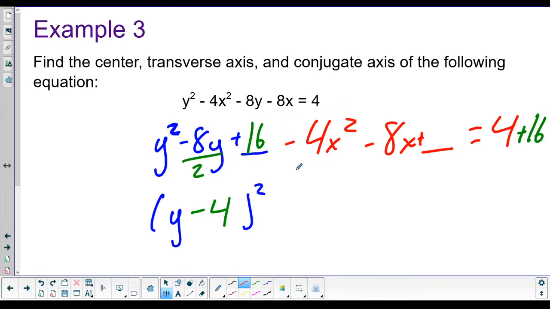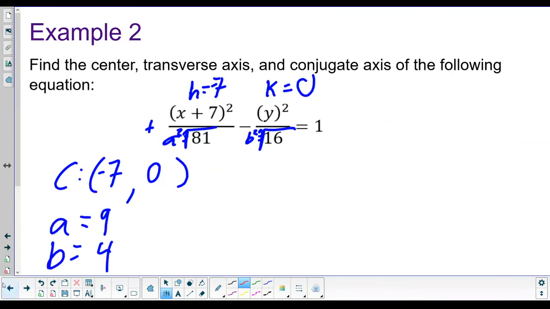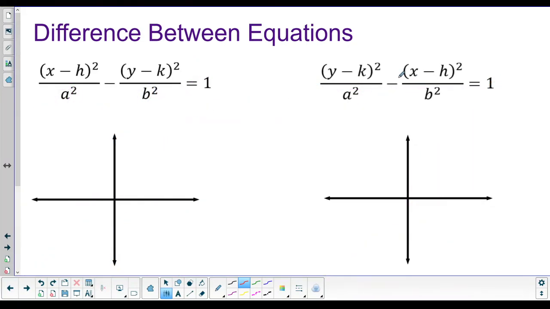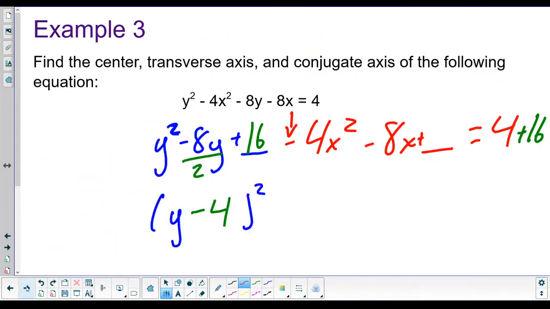We also need to make sure, because this is negative, that's a huge hint to us that x is going to be the negative term. Whichever one has the negative coefficient, that's the thing that's going to be over the b and be the conjugate axis. So we know because this coefficient is negative, this is going to be the negative bit.